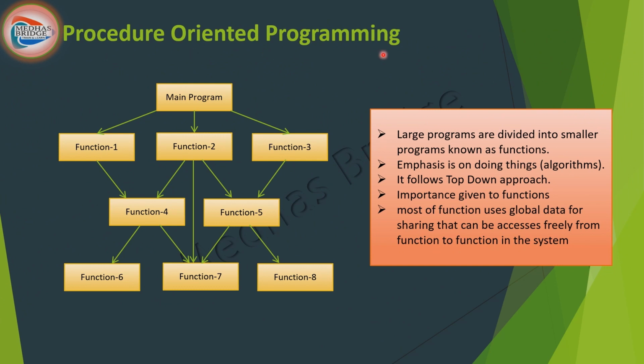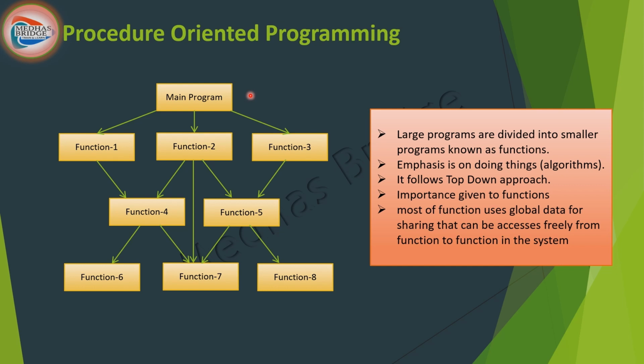Procedure oriented programming. C is basically a procedure oriented programming language, which is a part of your programming paradigm. This is one of the approaches. In procedure oriented programming, you treat functions and data separately, procedures and data separately. If you have a large program, how are you going to solve the entire problem statement?